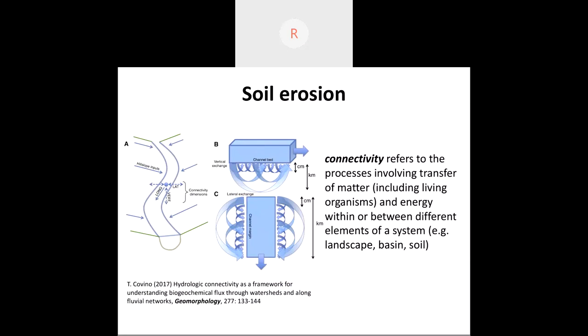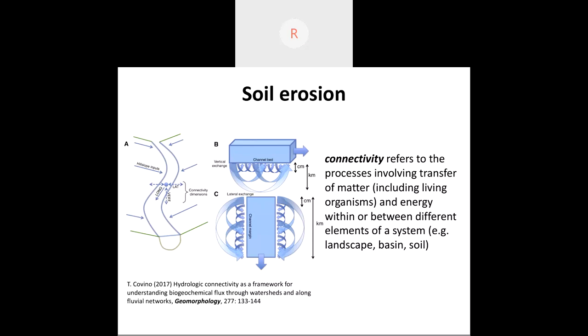When we speak about soil erosion, we are speaking about a problem that concerns the consumption of soil due to anthropic activity, together with, of course, other environmental problems, such as the wind, the climate, and so on.